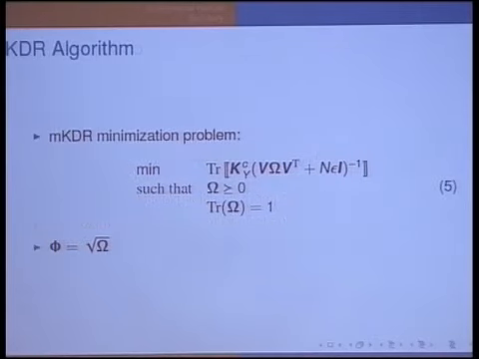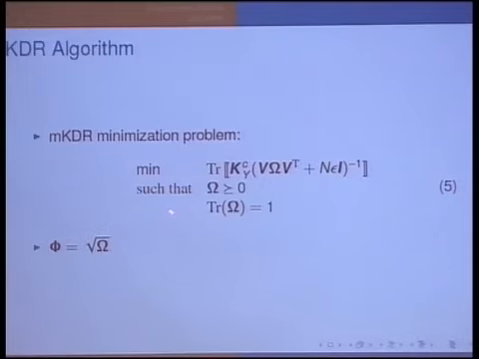All right, so we plug this into the KDR formulation. And so if we define phi to be the square root of some matrix omega, then this becomes just the gram matrix, now written in explicit coordinates, that we had before implicitly as a gram matrix, capital K. So it becomes an explicit gram matrix.